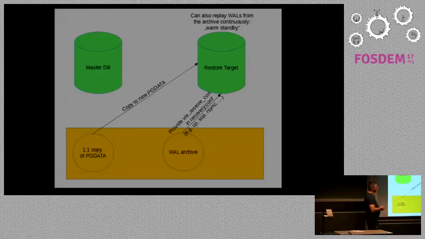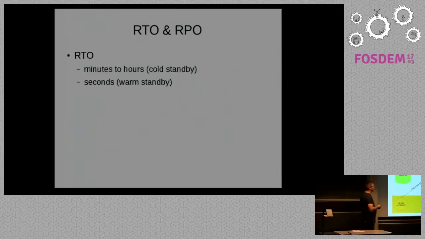So if you have one of these, say as a poor man's replication slave, then it can also replay every WAL file. That means you are 16 megabytes behind, but you are still quite close to your master database in replaying here. So your RTO goes down massively, massively.